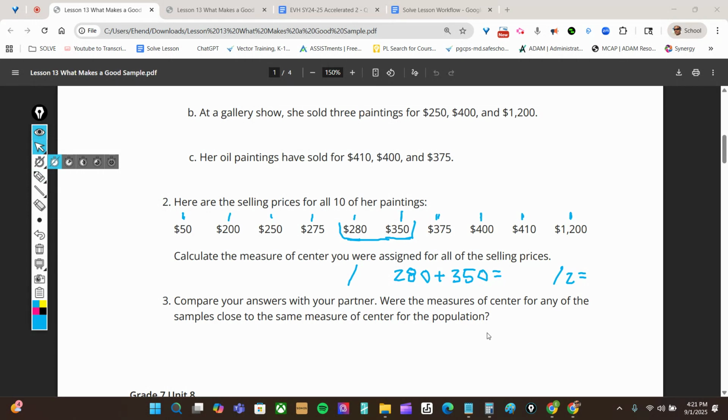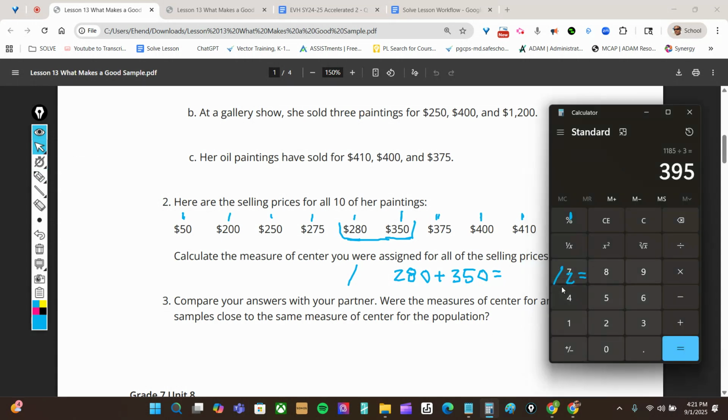Clear, that was supposed to be 280 plus 350 equals, divided by 2 equals 315 is our median. $315 is our median. Then we're going to have to find the average.